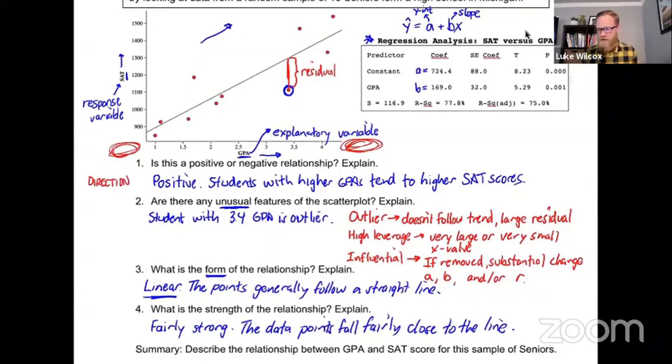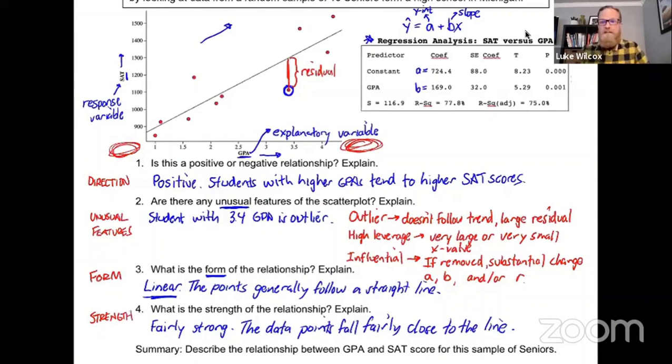And generally your direction is either going to be positive or negative. In number 2, we were trying to identify unusual features. In number 3, we were trying to define the form of the relationship. And in number 4, we were talking about the strength of the relationship.